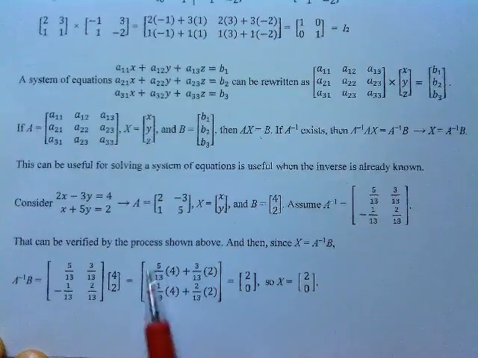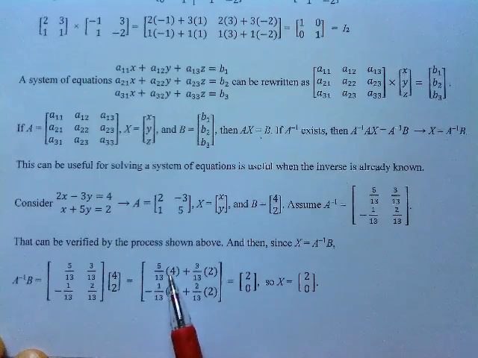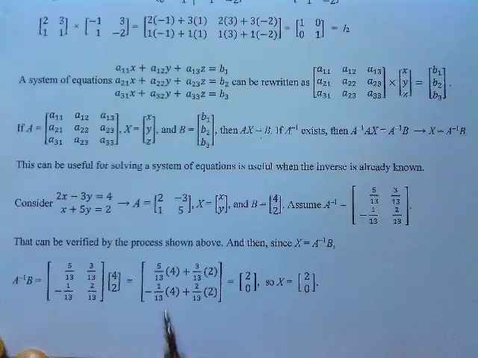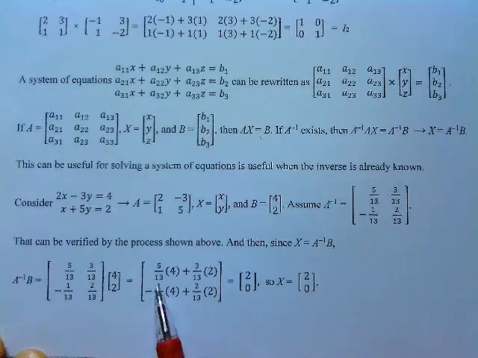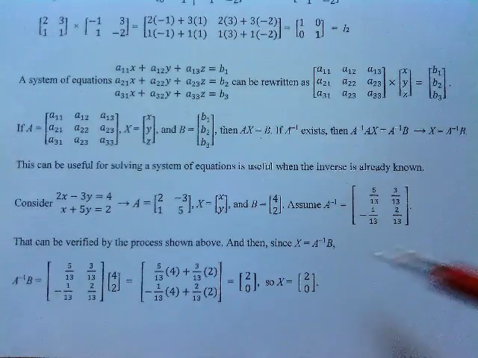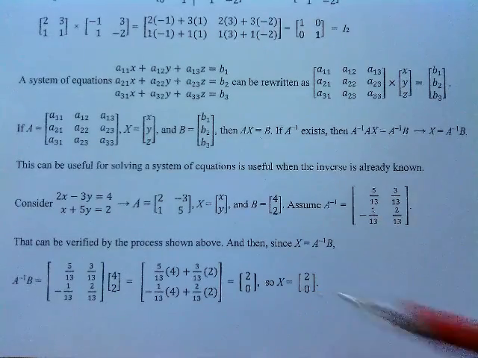So even though we've got all these fractions, it turns out that this is going to be 20 plus 6 over 13. 26 over 13 is 2. Here we have negative 4 plus 4, so that's 0 over 13, so that's still 0. So we have our answer, x is going to be 2 and y is going to be 0.